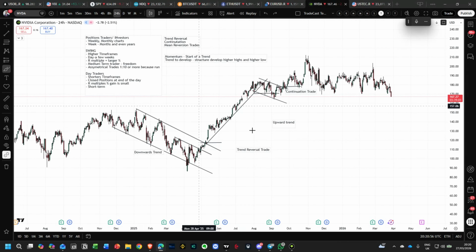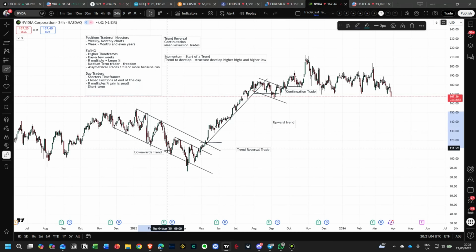If we start here around this level where we've had a downward trend of lower lows and lower highs, what we're seeing is a shift right here where we have a higher high compared to the previous high. But not only that, we had two candles.